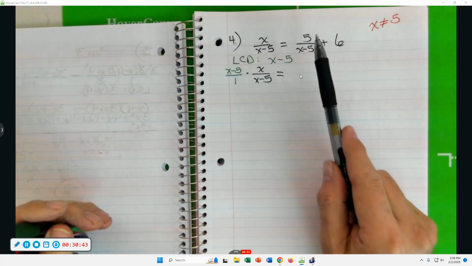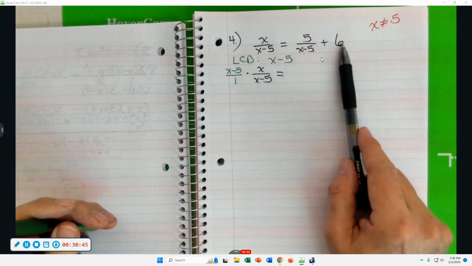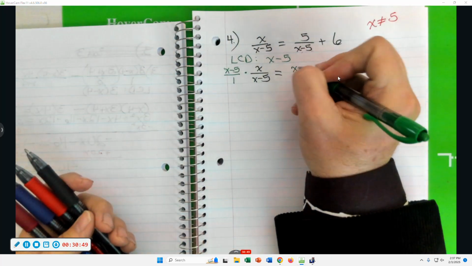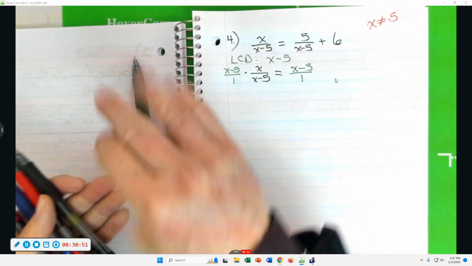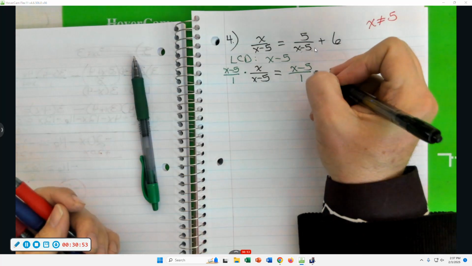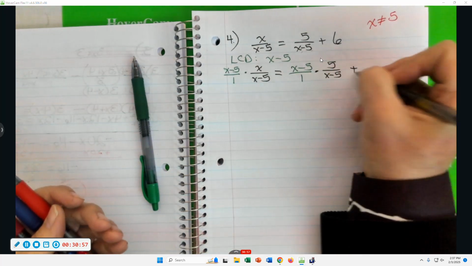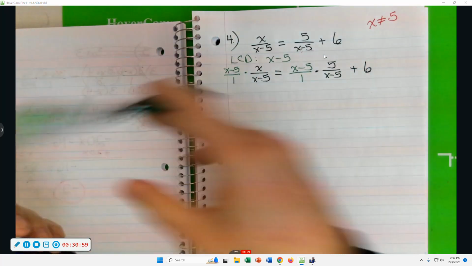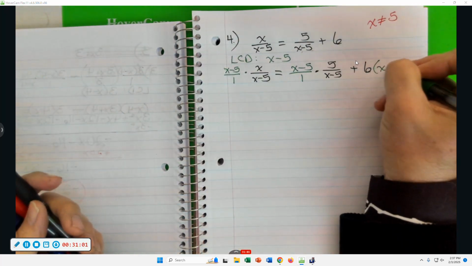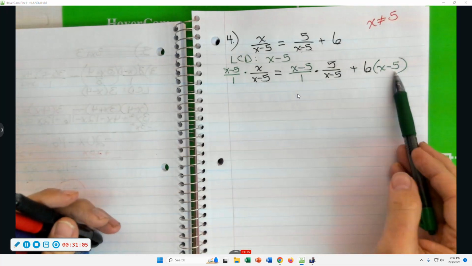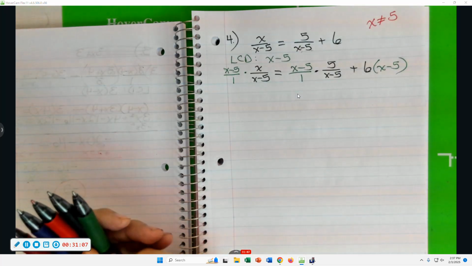There are 2 terms. A fraction's a term, and that's 6. So we're going to multiply 5 over x minus 5 by x minus 5, plus we have a 6, multiply it by x minus 5.